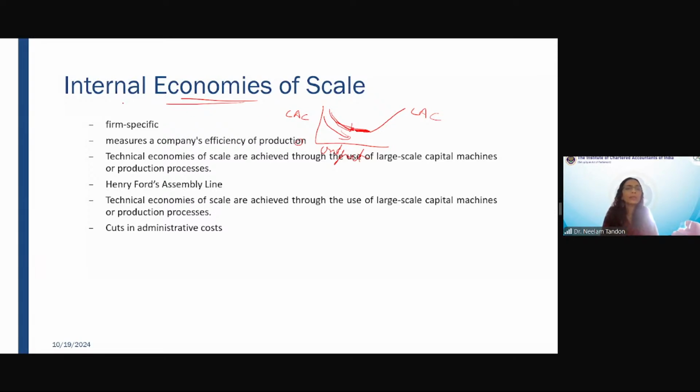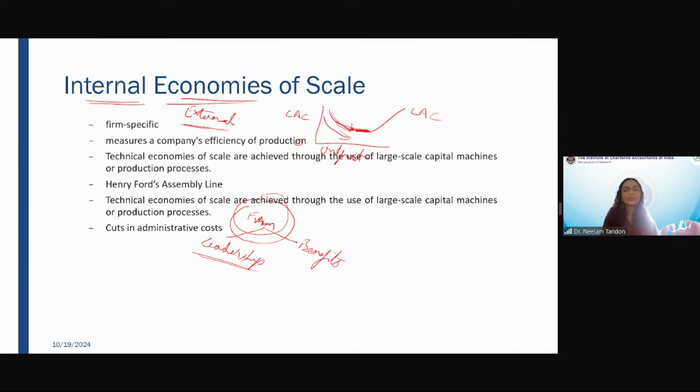Now, there can be internal economies, there can be external economies. Internal economies means what? Within the firm. Benefits the firm enjoys within the firm. So the firm gains benefits because of leadership. Just like Ratan Tata, Narayan Murthy, Azim Premji.